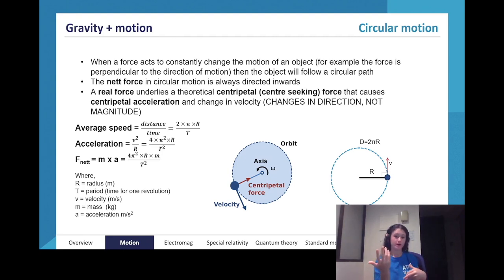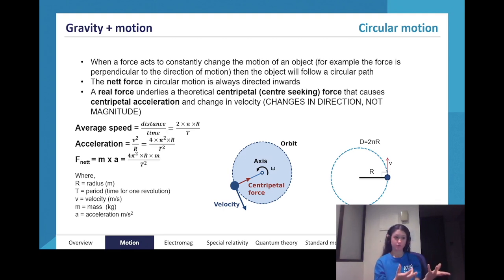Think about a ball on a string that you're whirling around in a circle. The ball at every point wants to move away in the exact same direction it is traveling in at that moment, right?